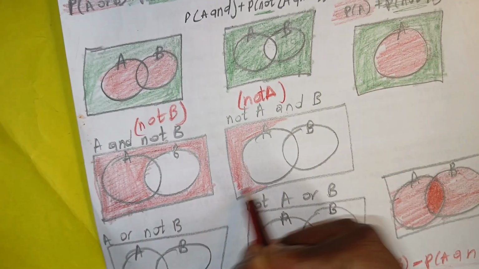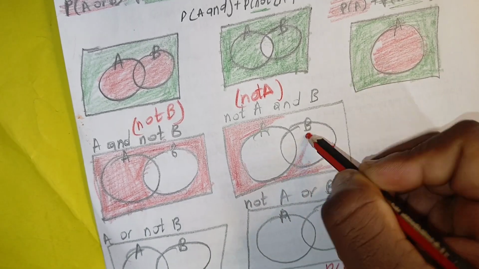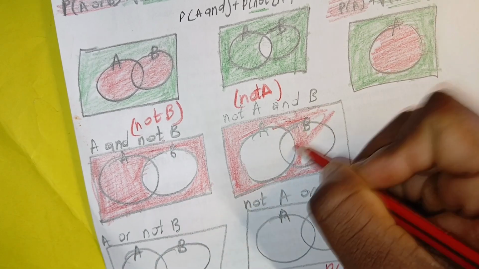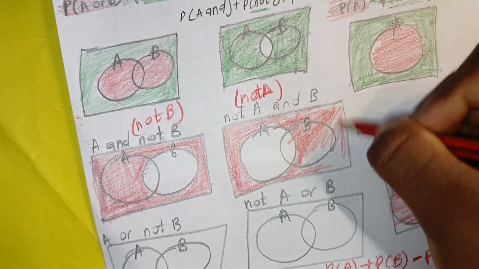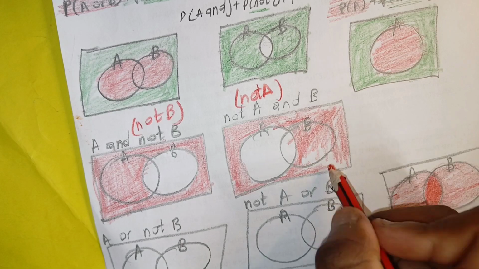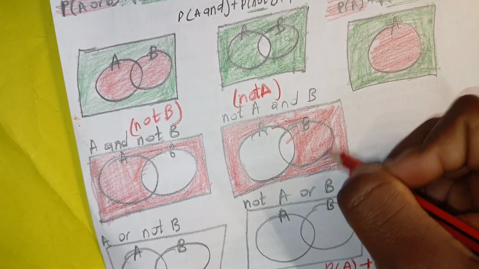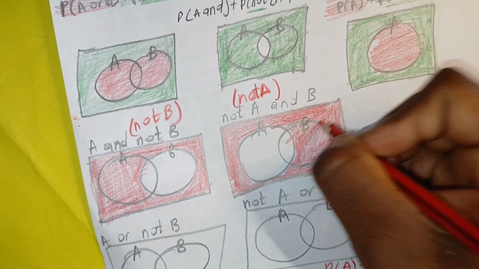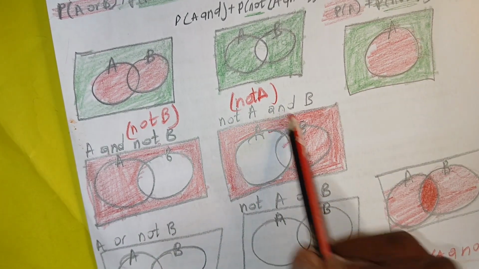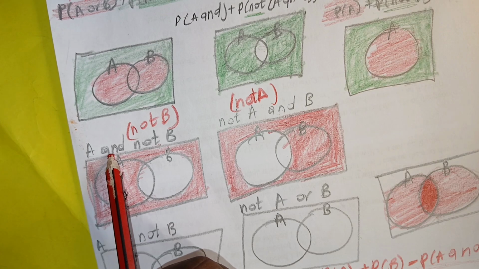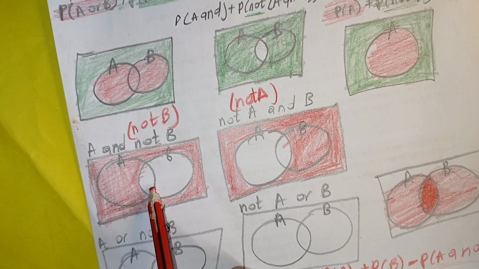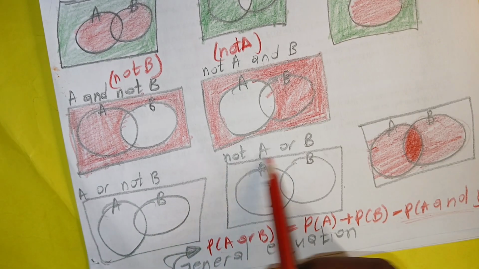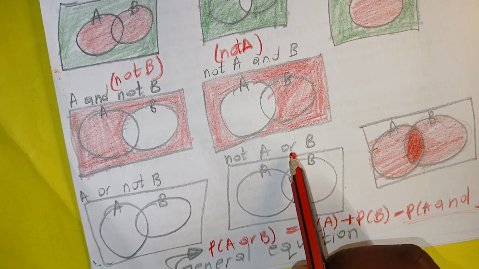Not and, we don't include A. Or and not, we don't include the intersection. If it's not and, we don't include the intersection, and if it's and not, we still don't include the intersection. Do you see? But now if it's not or, we include the intersection.